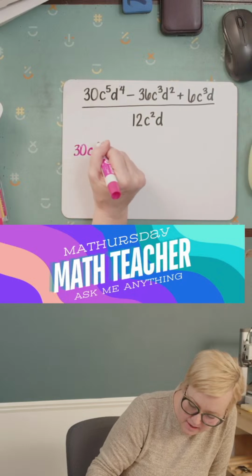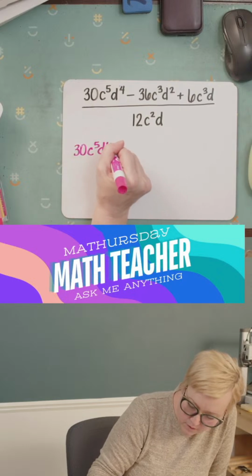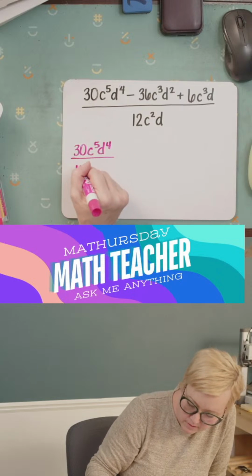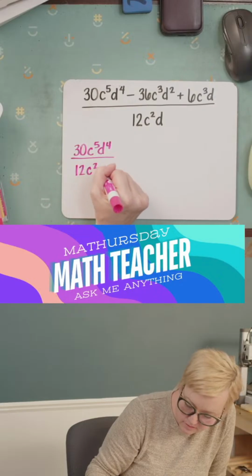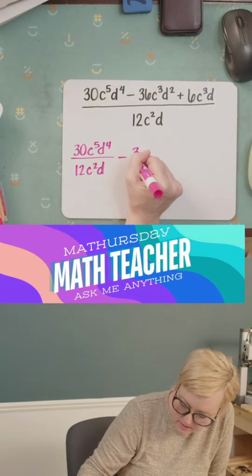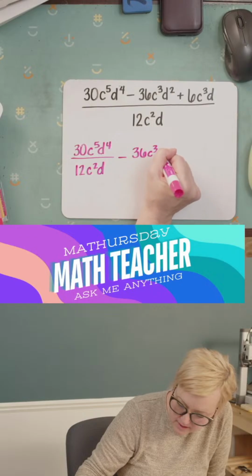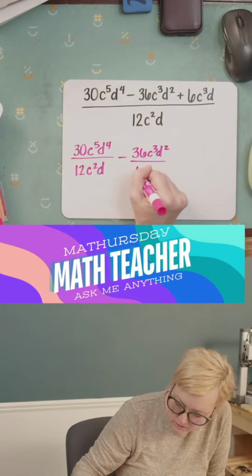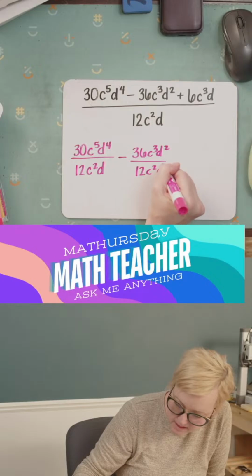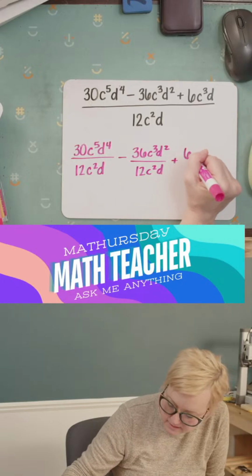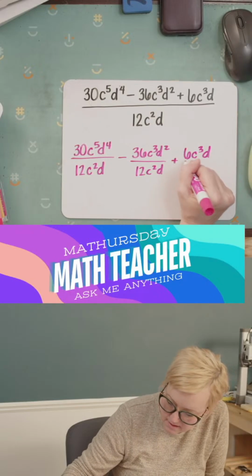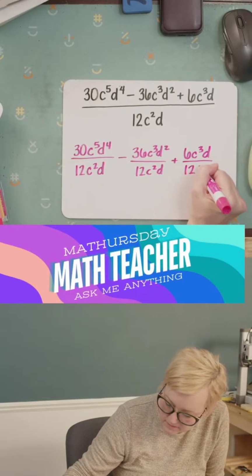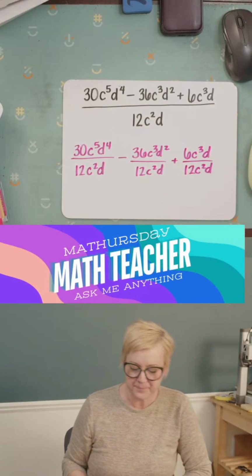So we've got 30C5D4 over 12C2D minus 36C3D2 over 12C2D plus 6C3D over 12C2D.